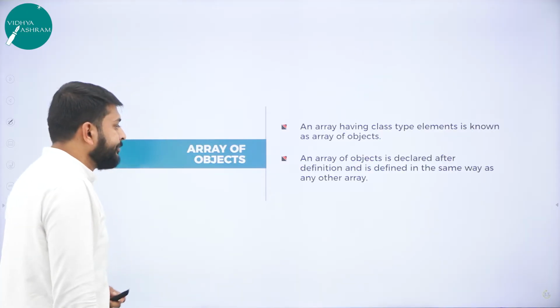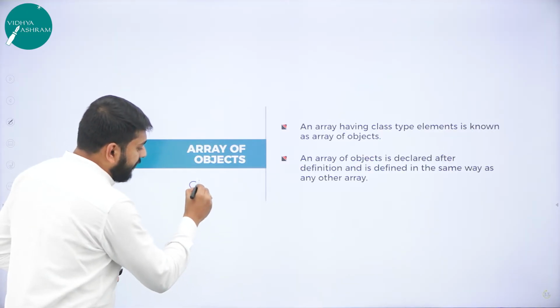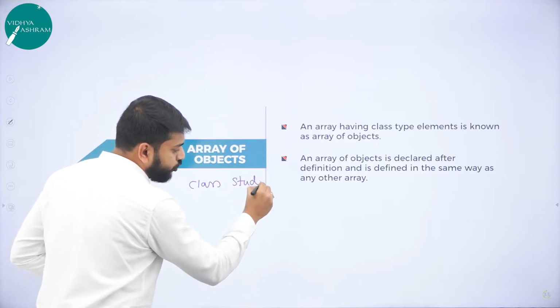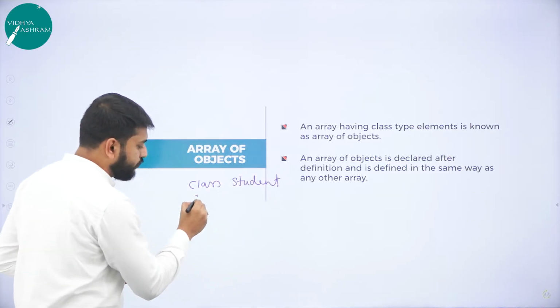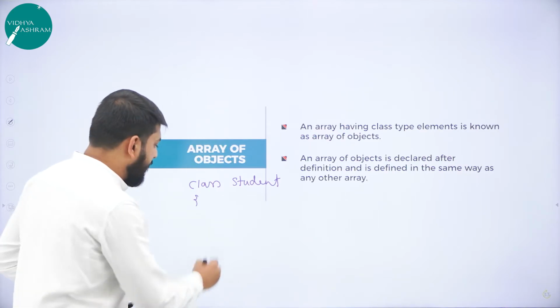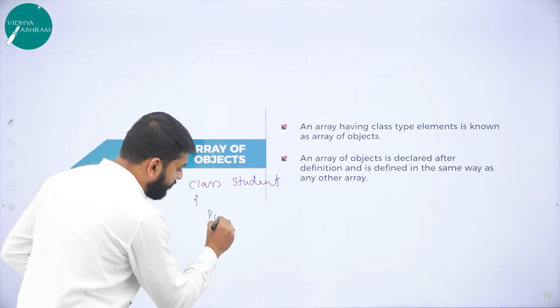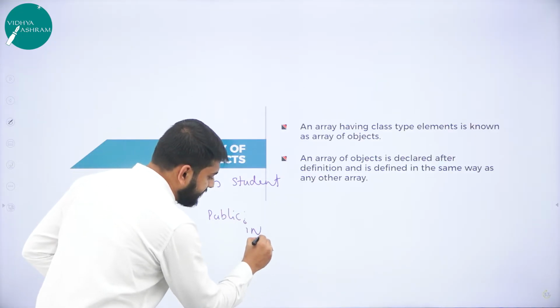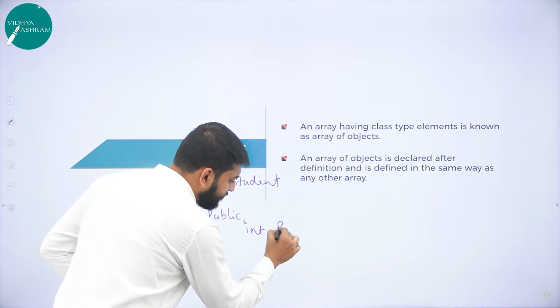Very important now. Imagine I have a class and the name of the class is student. Inside this, I am going to create two data members. Under the public access specifier, the first one is integer, that is register number.